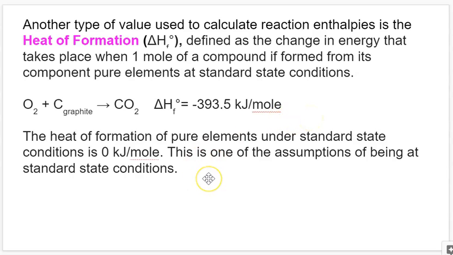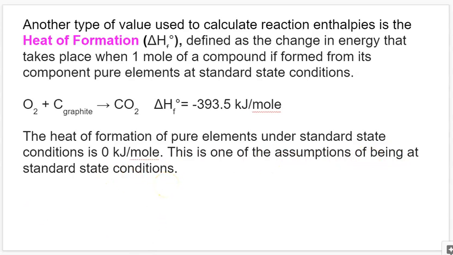And I said something earlier about the heats of formation in regards to standard state conditions. The heat of formation of pure elements is assumed to be 0 kilojoules per mole. And this is going to make sense later when we start summing up things to make heats of reactions overall. Just remember this as one of the assumptions of being at standard state conditions.